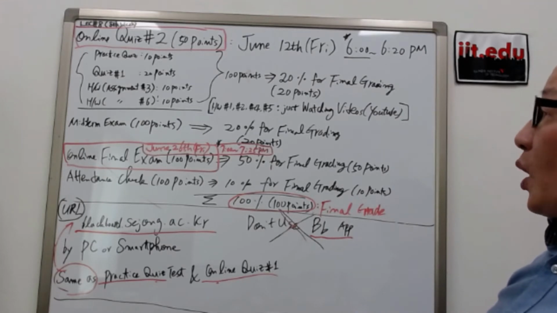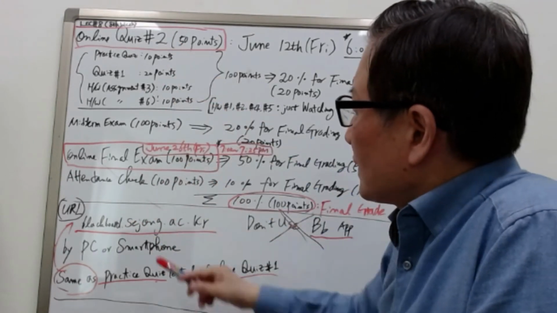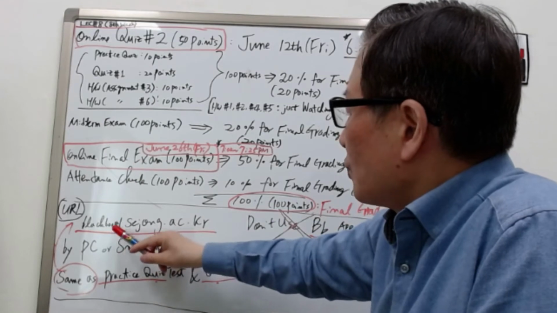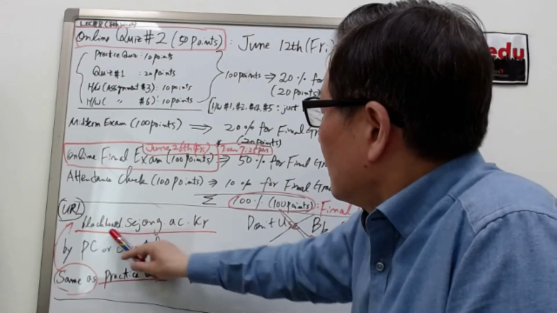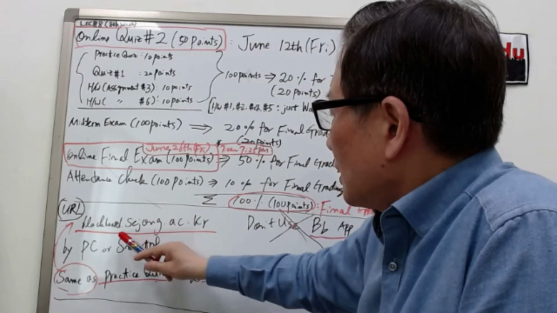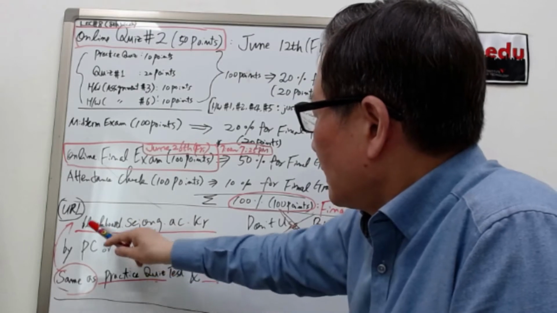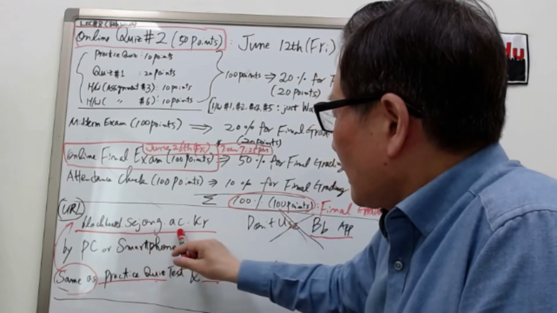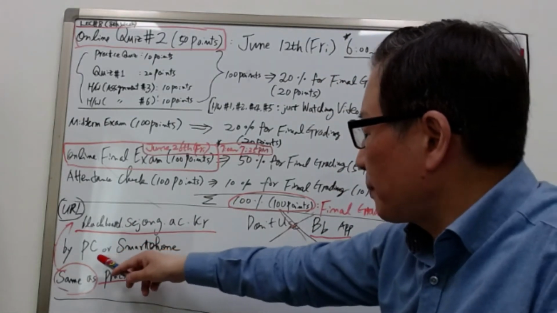And as we did already, for the online quiz test as well as for the online final exam, we should use again the URL for the online test, blackboard.sejong.ac.kr, same URL, and you can use your PC or smartphone.